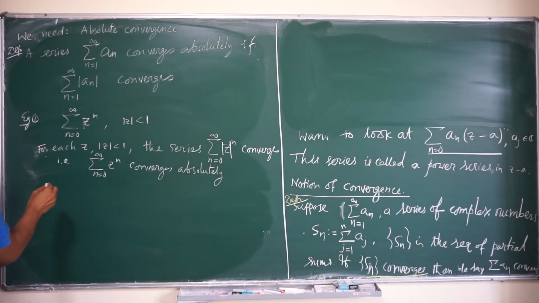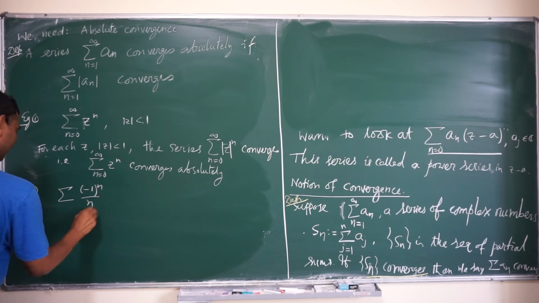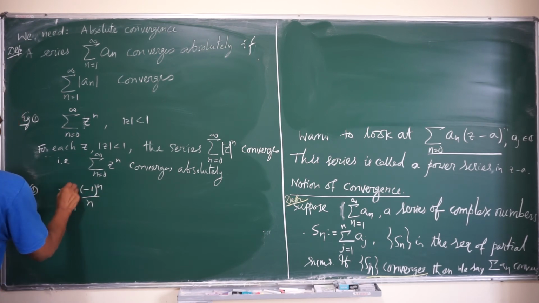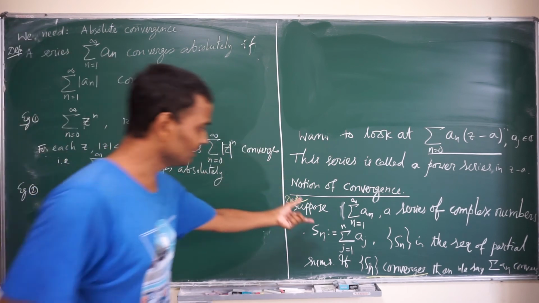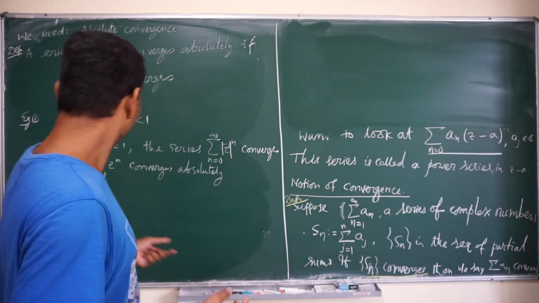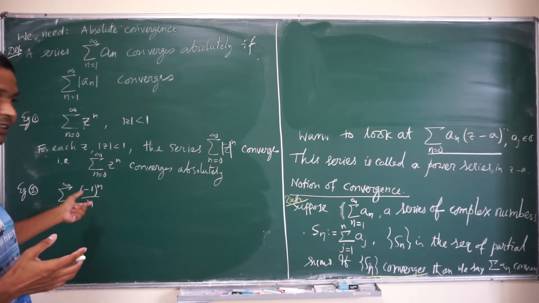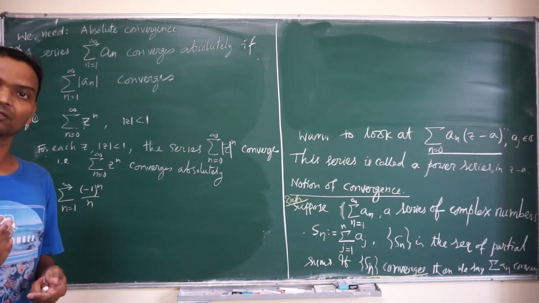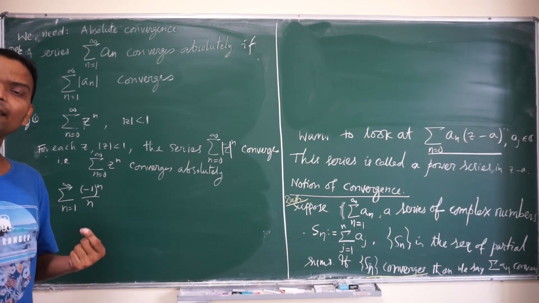Now let's look at a non-example. Let's look at summation of minus 1 to the power n by n. When a series does not converge absolutely but still converges, then different rearrangements of the series can lead to different limits. In this case, you can get any real number.